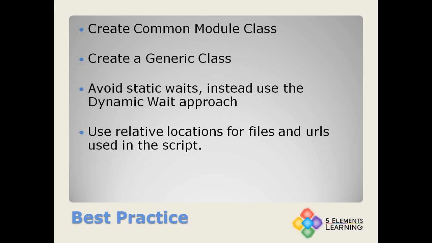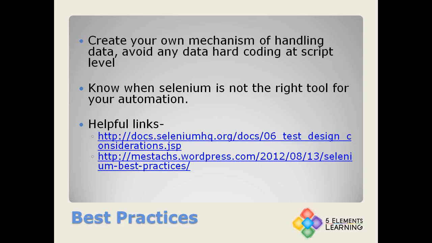The generic class had functions for string handling, mathematical functions, datetime functions, file methods, etc. We should avoid static waits wherever possible and always use dynamic waits, and we should have relative locations for files and URLs in the script so that if our automation has to run on another system, it can be done.